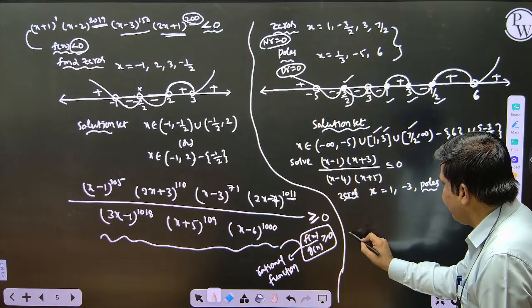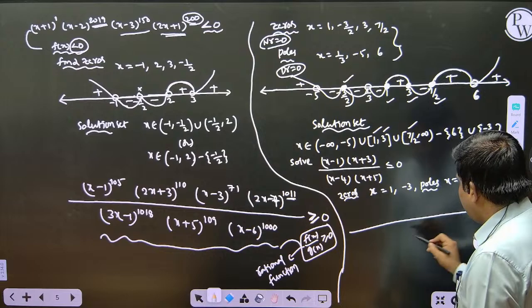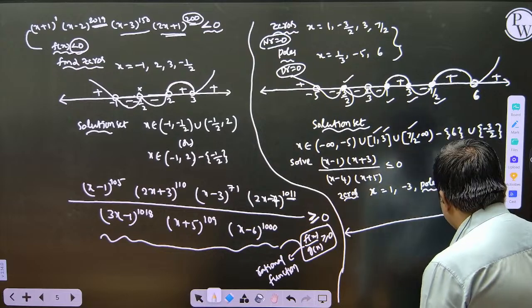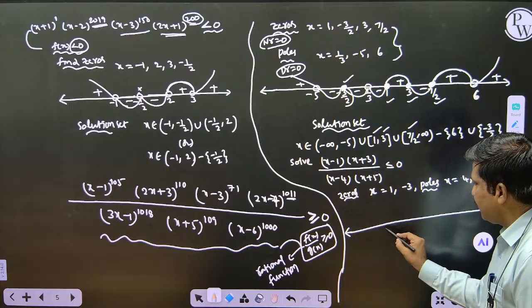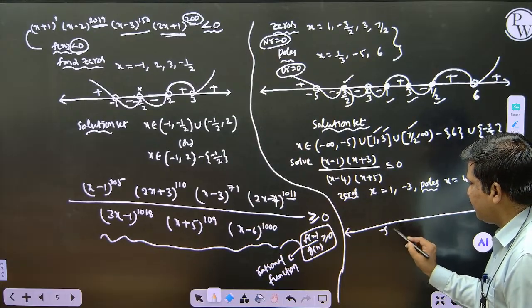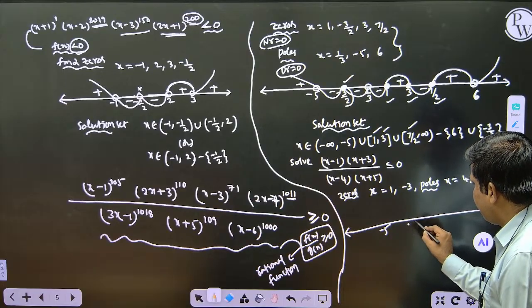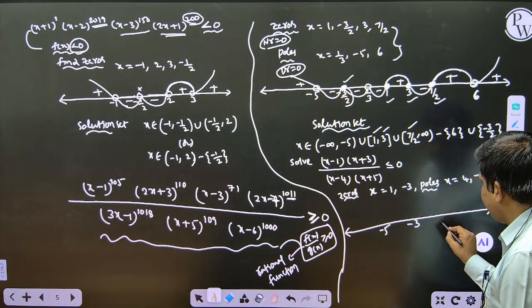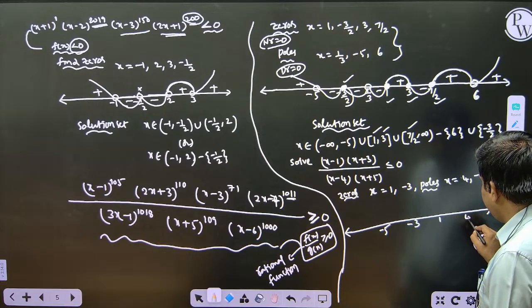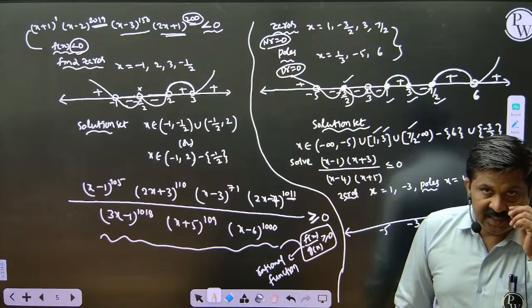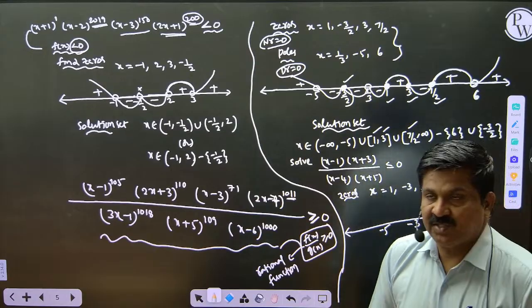On the real line, you write zeros and poles in which order? Increasing order. Here we get minus 5, next minus 3, next 1, next 4.